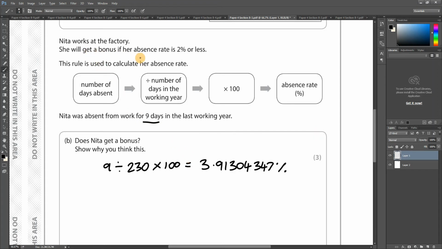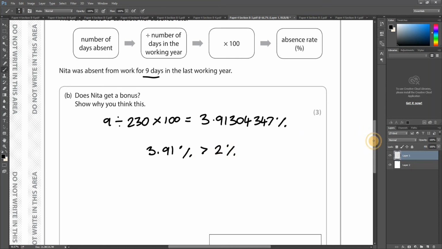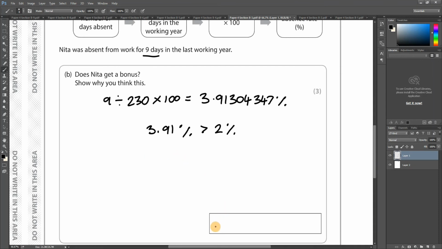She will get a bonus if her absence rate is 2% or less. So it's not less than 2%. So you can write that 3.91% is greater than 2%. So no, she will not get her bonus.